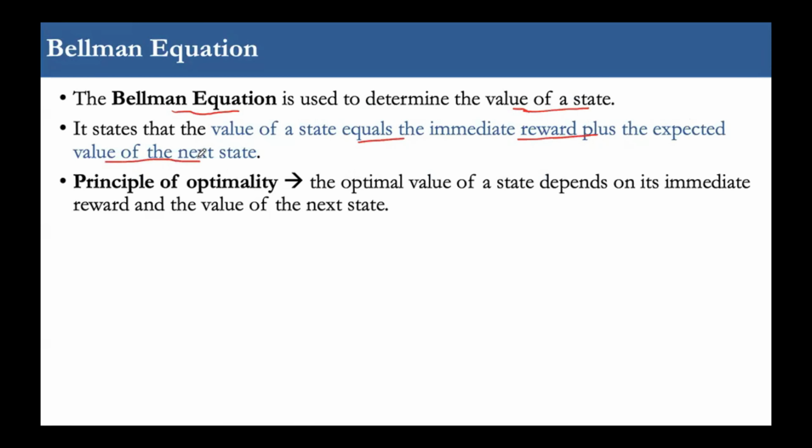This allows an agent to make better decisions by taking into account both the current and the future rewards. So these future rewards are important. The Bellman equation follows the principle of optimality. This principle of optimality means the optimal value of a state depends on its immediate reward and the value of the next state.